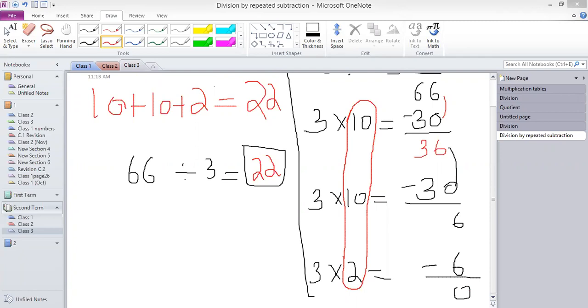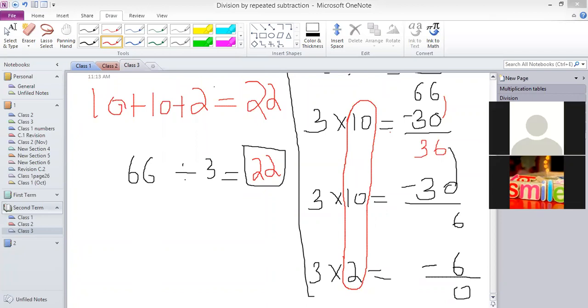Like, listen, Sharif, you have learned one method for division, long division. In long division, you should read the table again and again, 5 times, 6 times, 7 times, 8 times. But in the repeated subtraction method, it makes it easy because every time you have to multiply by 10, and in the end, only the last time you have to multiply a number by any number which is left.